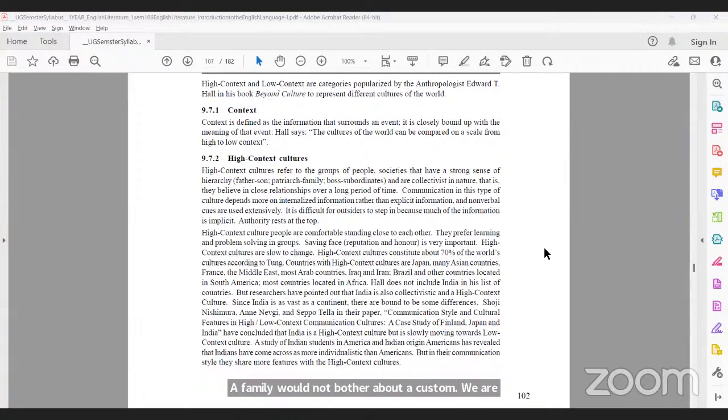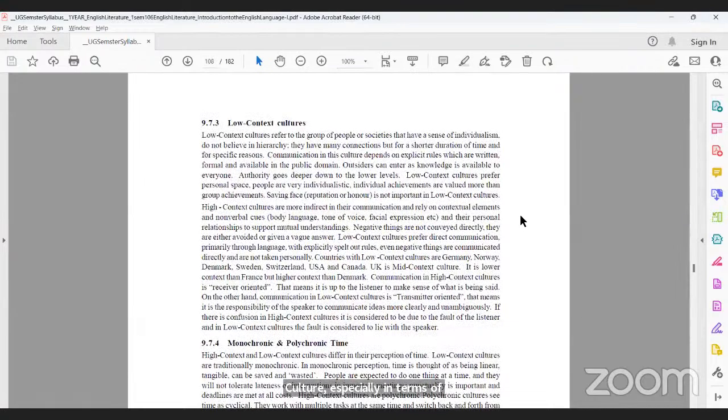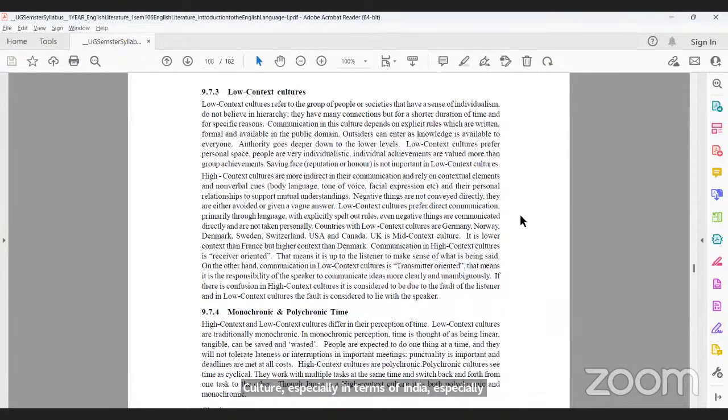We are very individualistic in a low context culture, especially in India. Indian culture or Bangladeshi culture, all the South Asian countries, are dealing with this, that is low context culture. According to a particular author, he has divided such cultures as high context culture and low context culture.